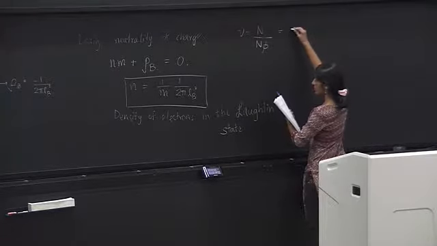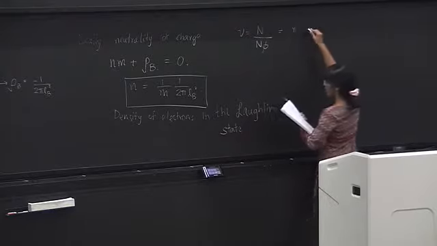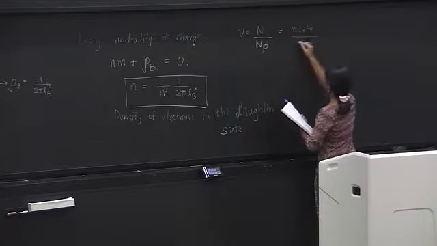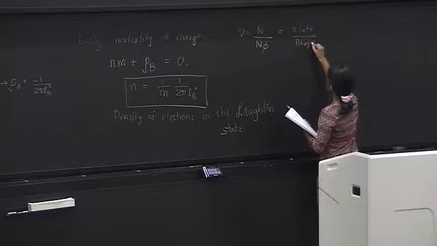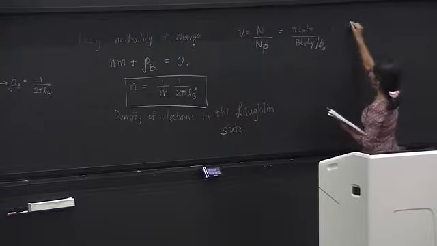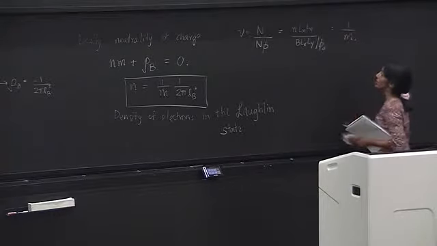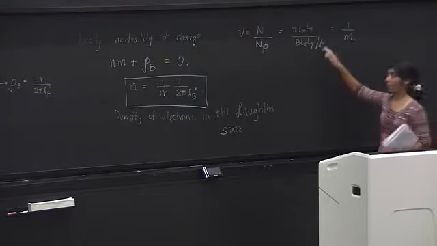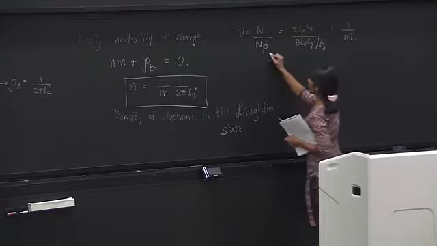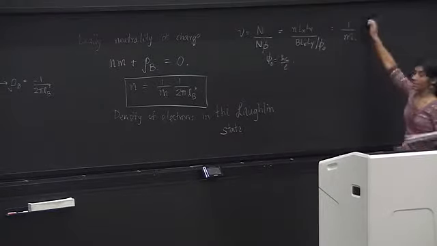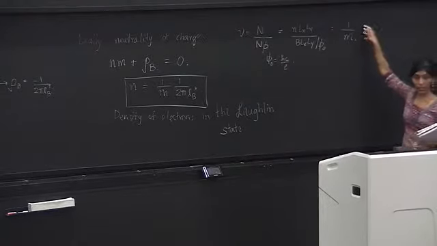So this is density by 0. Plug in for small n, and remember the flux quantum phi 0 is hc over e. Everything cancels, and you're left just with 1 over m. Okay?